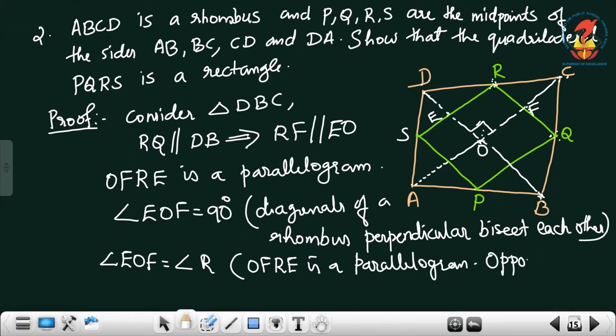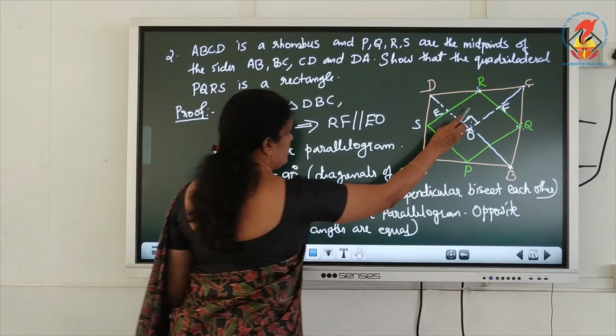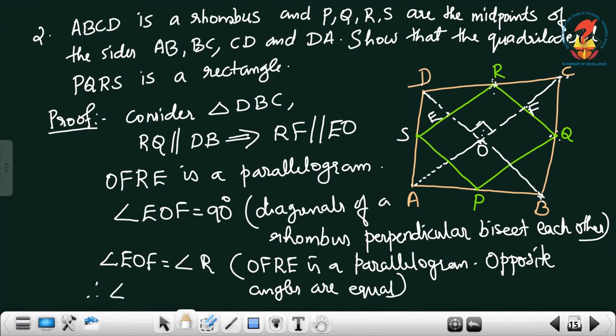Opposite angles are equal. Okay. Therefore, angle R is also 90 degrees. Therefore, angle R equal to 90 degrees.